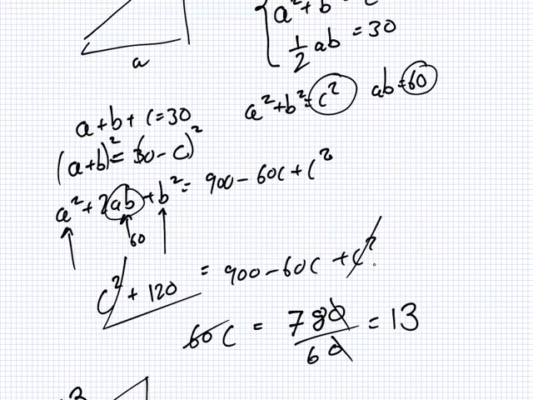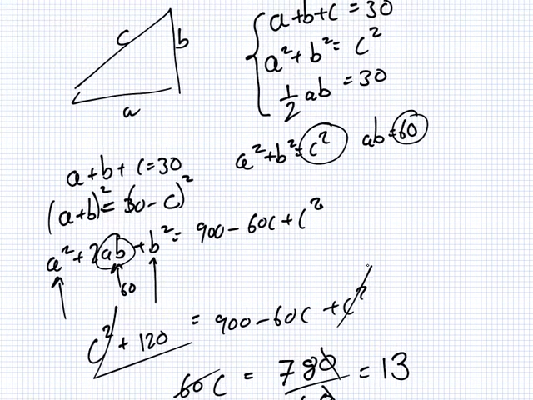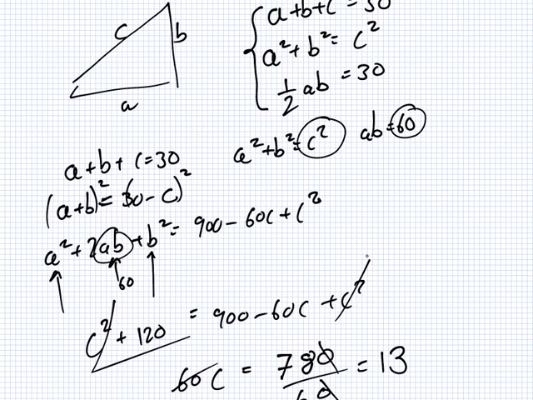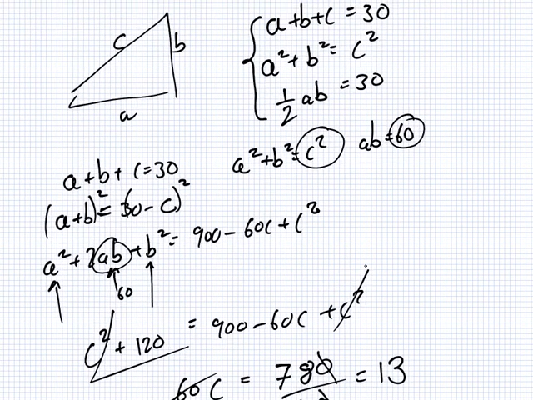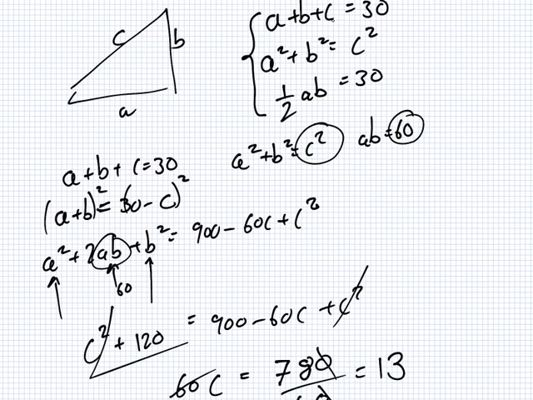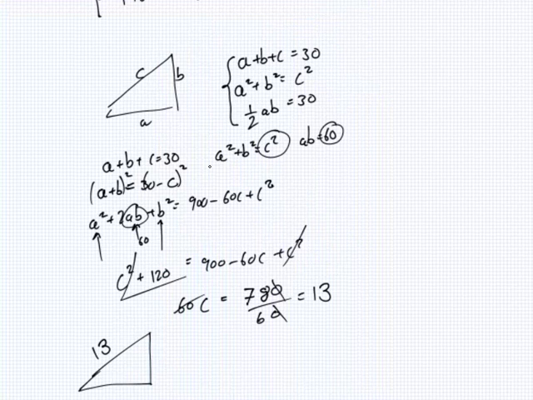And if I take the 13 and put it back in, where would I put this now? What would be the best way to get A and B now? I can now say A plus B equals 30 minus 13. That's 17?